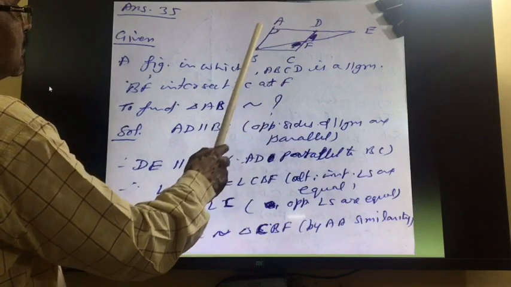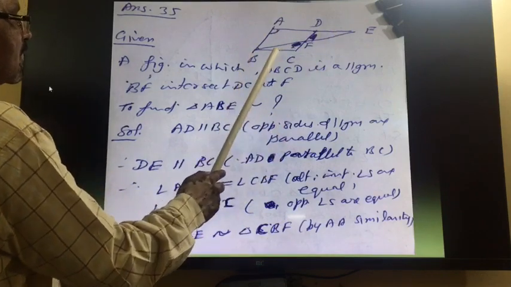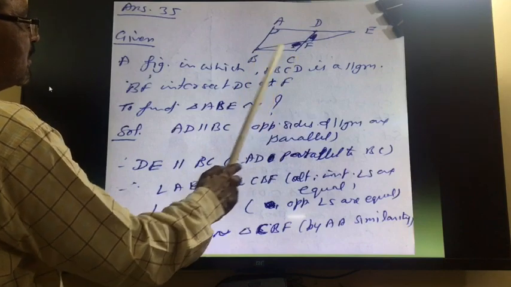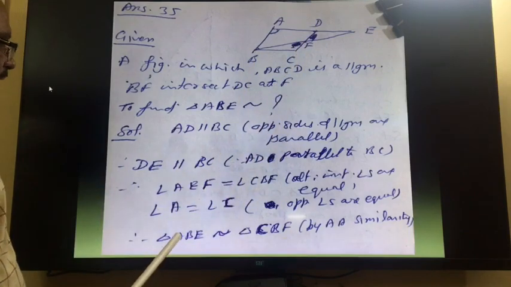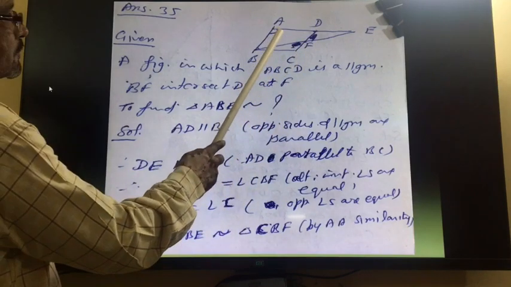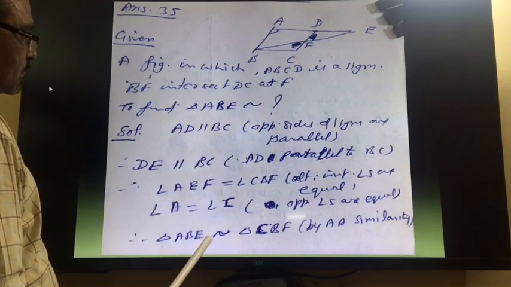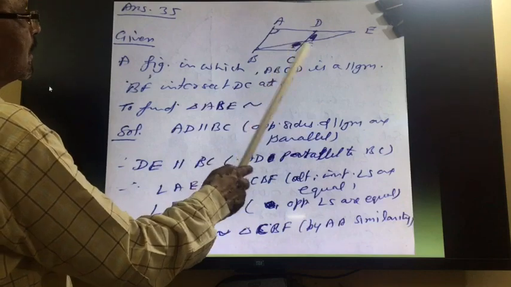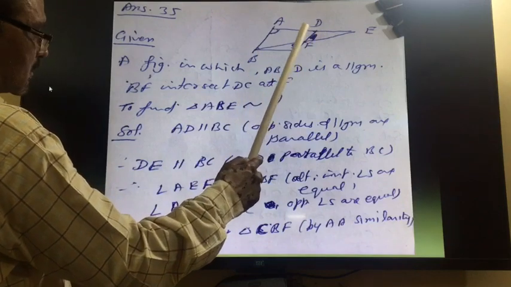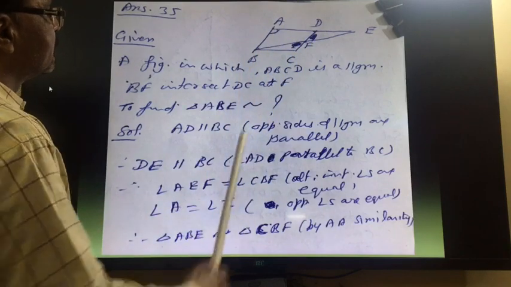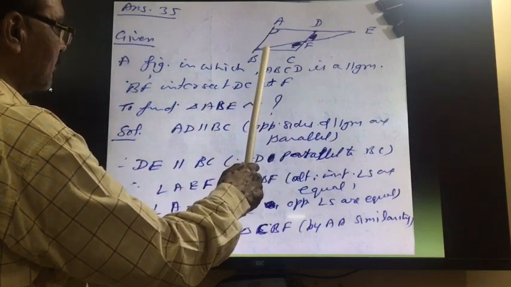Triangle ABE will be similar to triangle CBF, because angle at A will be equal to angle at C and angle at E will be equal to angle at this ABE. This will be equal to at B.